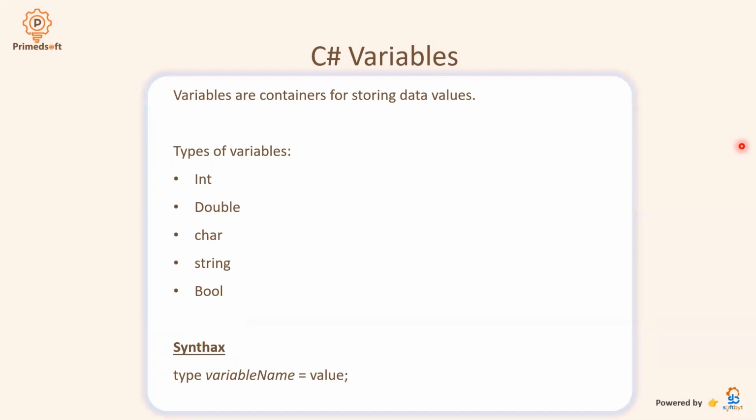They hold a specific type of data. Let me take it again. Variables are used to store and manipulate data in a program. They serve as a named container that holds values of a specific type.